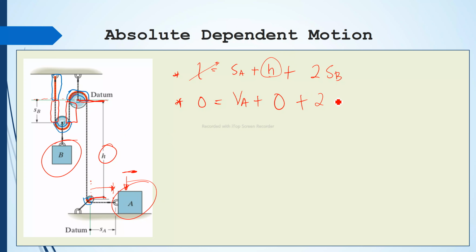And plus 2 times the velocity of B. From this, we can arrive that the velocity of A is equal to negative twice the velocity of B, and that the acceleration of A is equal to negative twice the acceleration of B.